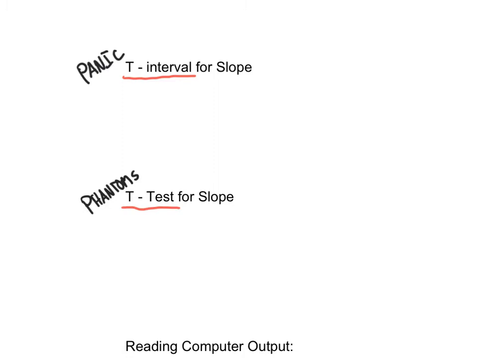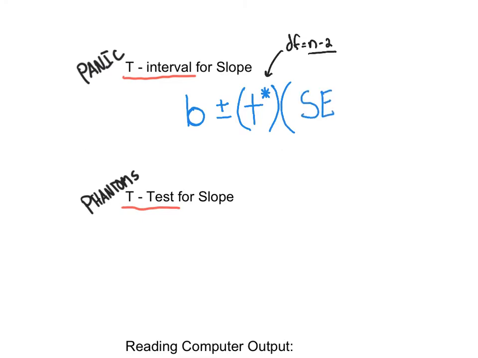Since we are using the slope from the sample, that becomes our point estimate. Plus or minus, since we're doing a t distribution, I'm going to go look up a t critical value. We should know how to do that by now. But remember, I'm going to just write it here too, that your degrees of freedom is n minus 2 now and not n minus 1 like it used to be, times the standard error of the slope, right?